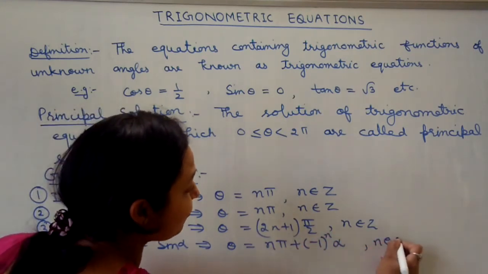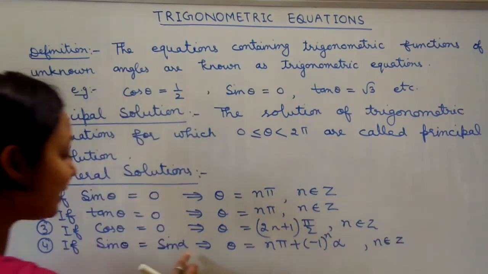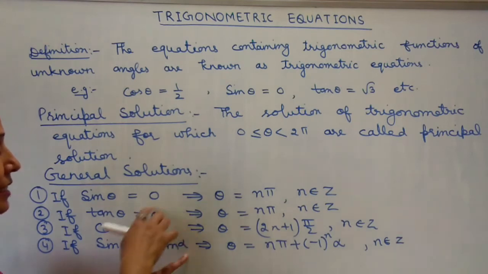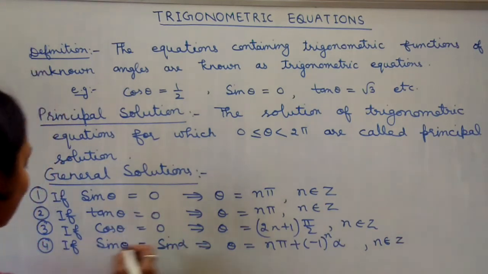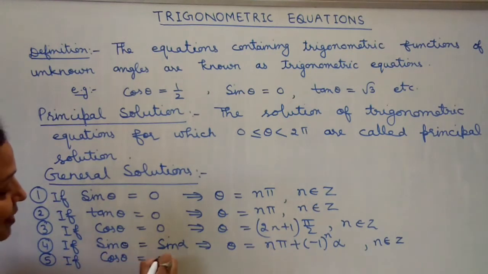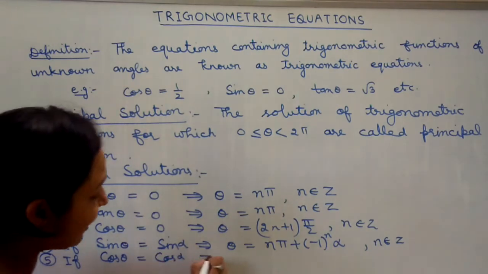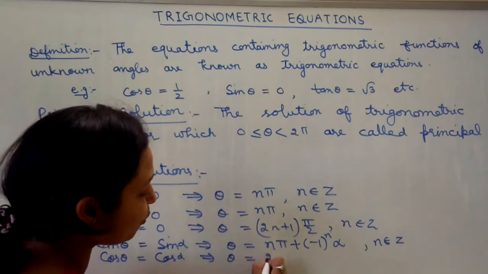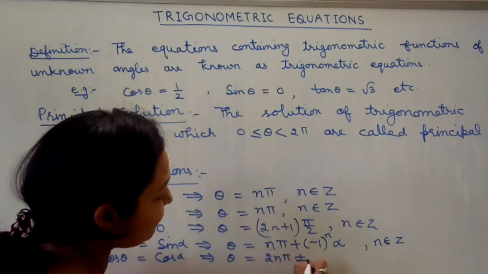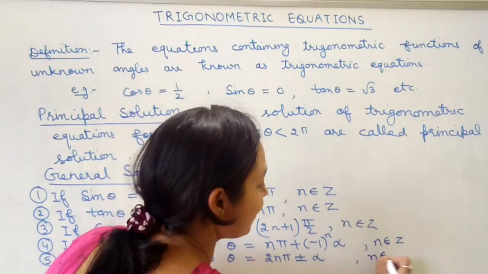So this is the formula for finding the general solution when there is another angle except zero. Come to the fifth part, that is if cos theta equals cos alpha. Then theta equals 2n pi plus or minus alpha. This n also belongs to integers.